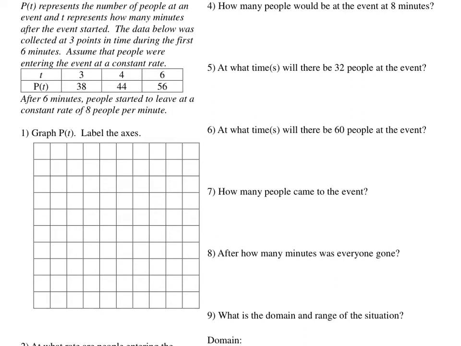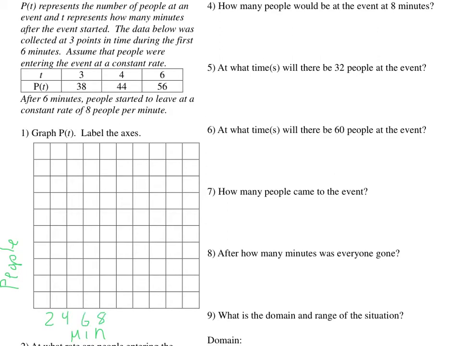Alright, so first thing I want to do is label the sides. This right here is minutes, and this over here is people. Okay, people and minutes. And on the minutes, I want to go by twos. There's a reason. If I look at my information, I kind of see that twos is important.